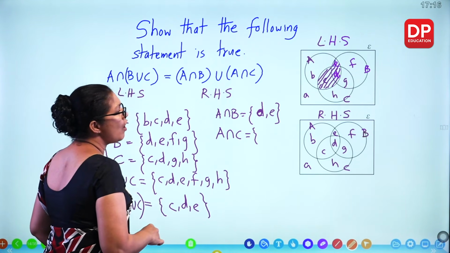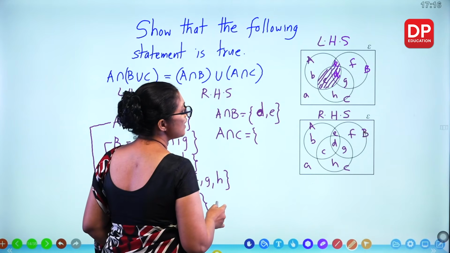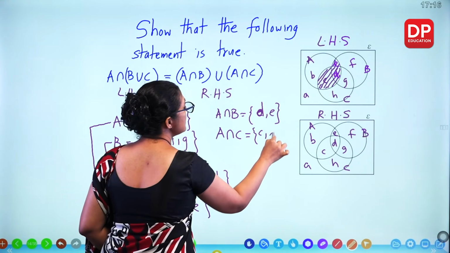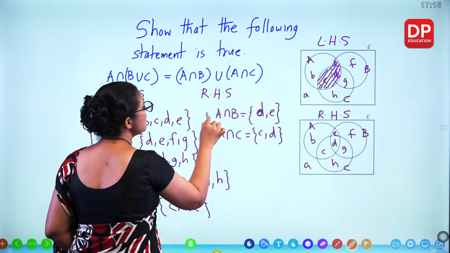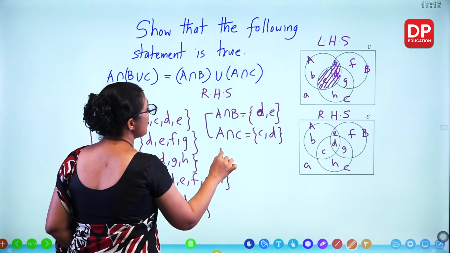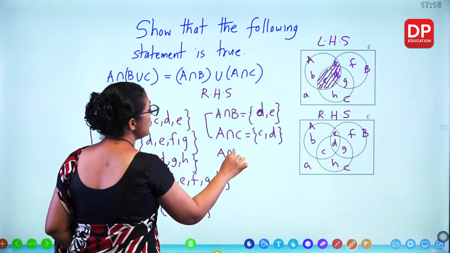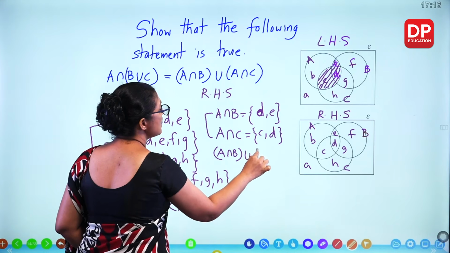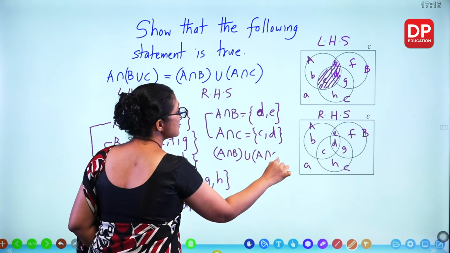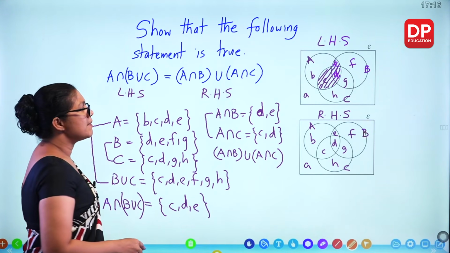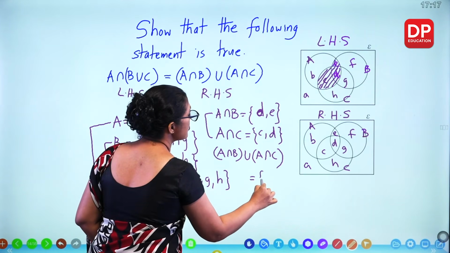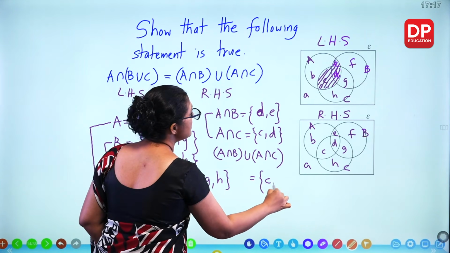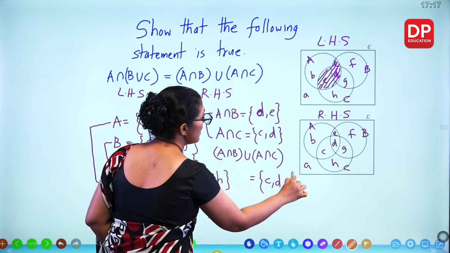Common region for A and C, you get C, D. Then what's the union of these two? I can write A intersection B union A intersection C. That means all the elements in these two sets, I can write as C, D, E.